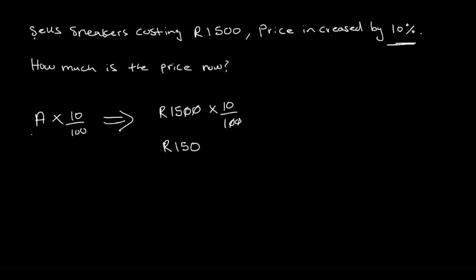So we haven't answered the question. The question says, how much is the price now? So the price is going to be the original amount of 1,500 plus the 10%, which is 150 rands. So together they will make 1,650 rands.